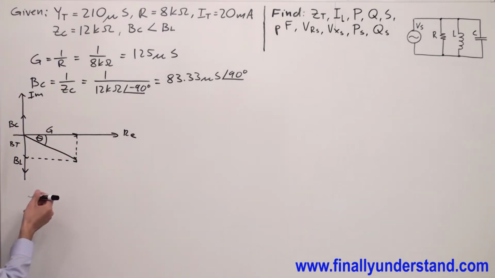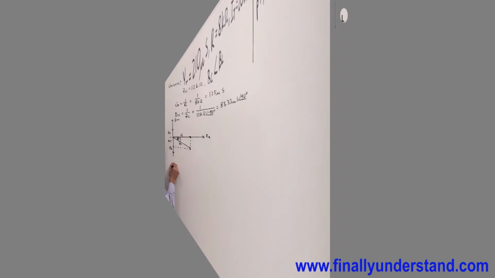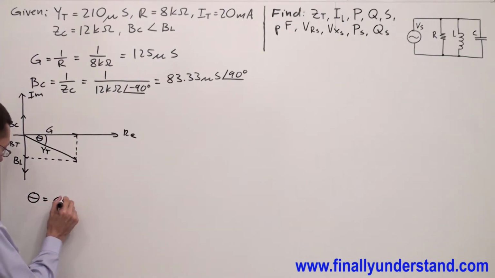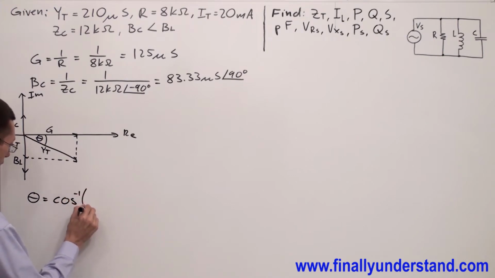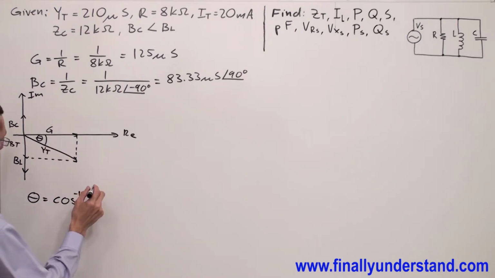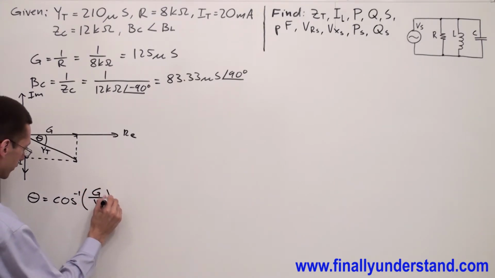So what we're supposed to do next? We're supposed to write the formula. Okay, this is my Y total, of course. So I have angle theta is equal to inverse cosine, and this is going to be nothing else, just G over Y total.